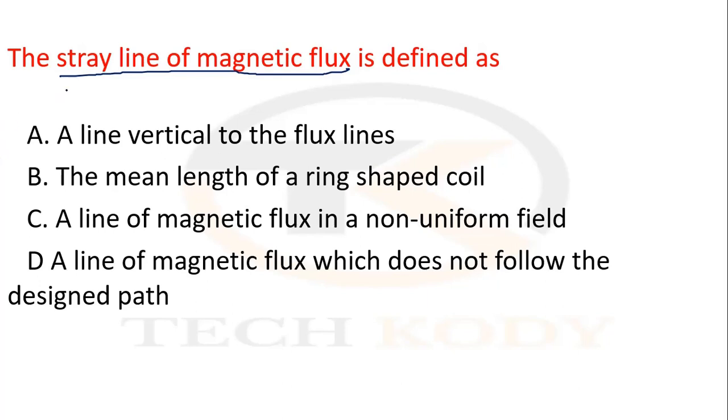The correct option is a line of magnetic flux which does not follow the designed path, which is called the straight line of magnetic flux.